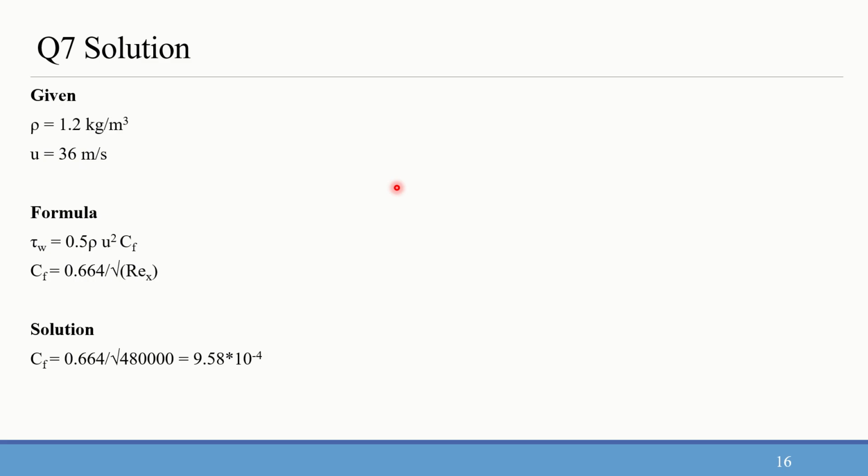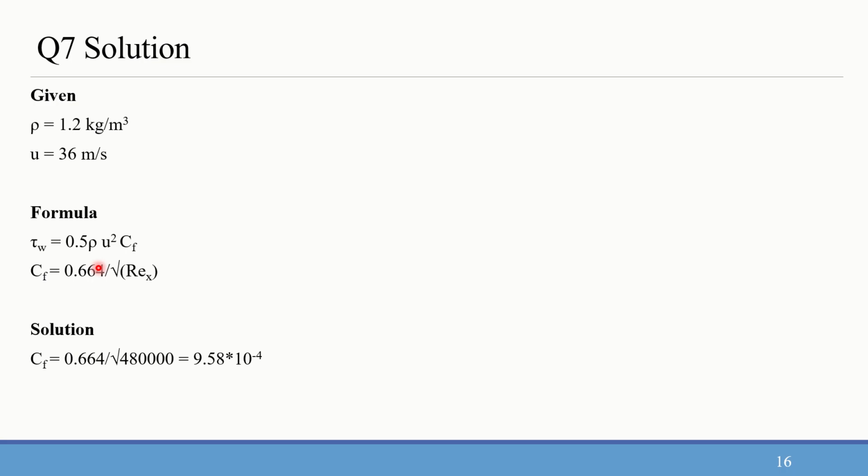The square root of 4,80,000 is 692.82, and 0.664 divided by 692.82 gives us 9.58 into 10 power minus 4. So this CF we have found, and we have to substitute the skin friction coefficient back in the formula.